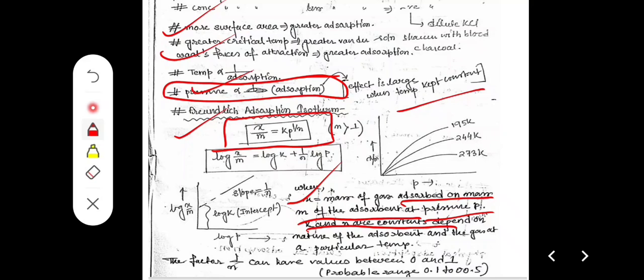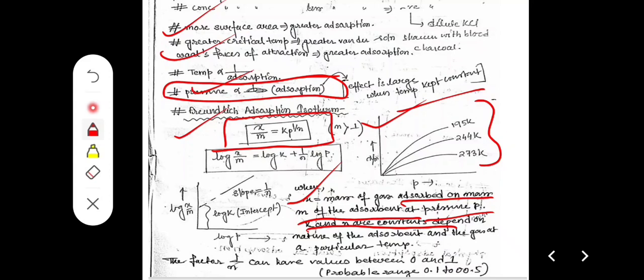Small x is the mass of gas adsorbed, small m is the mass of adsorbent, P is the particular pressure. K and n are constants that depend upon the nature of the adsorbent and the gas at a particular temperature. So always remember, if we plot x by m versus P, with x by m on the y-axis and pressure P on the x-axis, we get the variation of curves at 195 Kelvin, 244 Kelvin, 273 Kelvin.